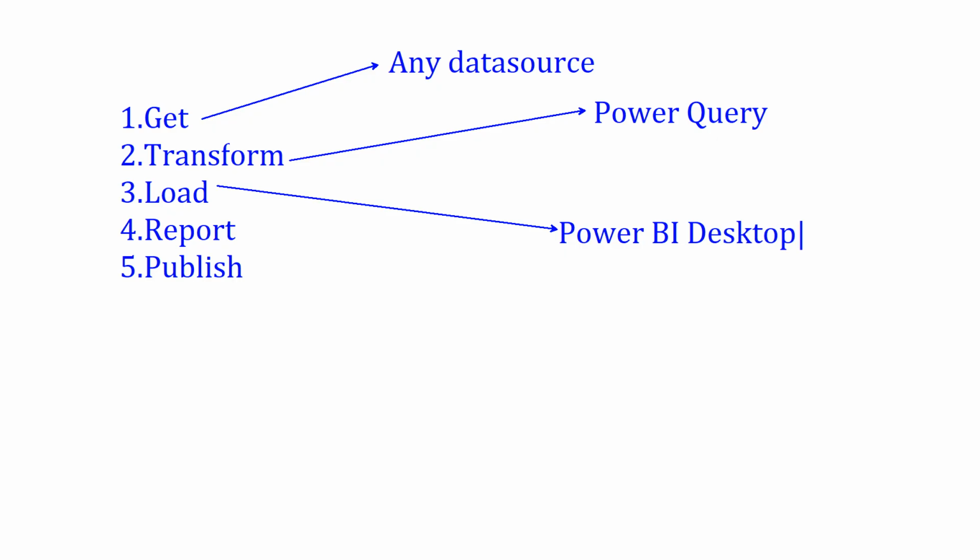We get a data, clean it up, convert it into proper useful data, then load it to Power BI Desktop. Then after loading this data to Power BI Desktop, we are going to create a report. Where are we going to create a report? Once again, in Power BI Desktop.